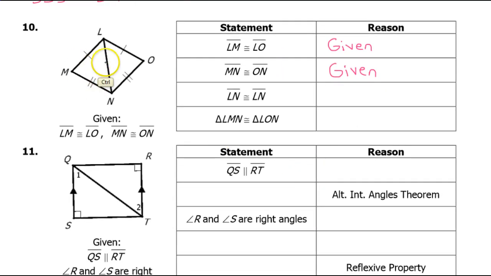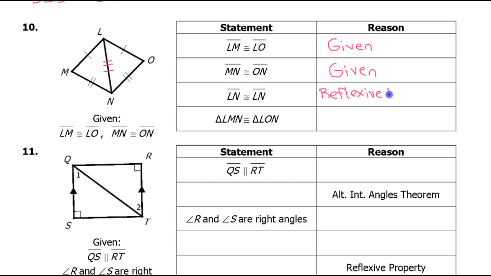So this is not enough, but the shared side, LN, is automatically going to be congruent because it's the same side for both triangles. And that is called the reflexive property. When you have that shared side and you're saying that something is congruent to itself, that is called the reflexive property.